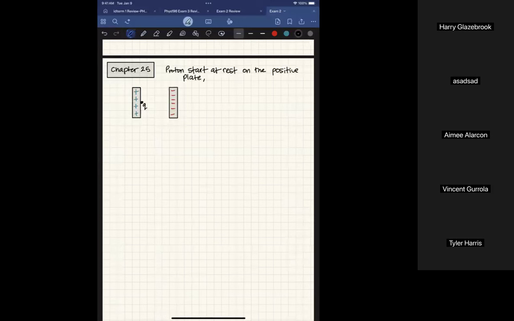They may give us, let's say, the electric field that points from positive to negative here. It is 2,000 newtons per coulomb.